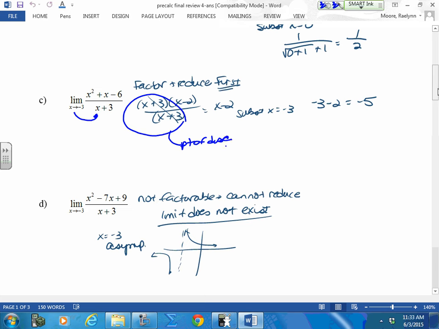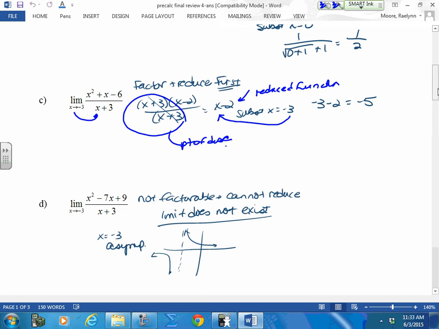So when you reduce this down, this is the reduced function, I now can substitute in the -3. And I could find the value of my limit as x approaches -3. If I could just fill in that point, I would have -3, -5. That would be my point of discontinuity. So my limit is what y value I would be able to fill that in with.